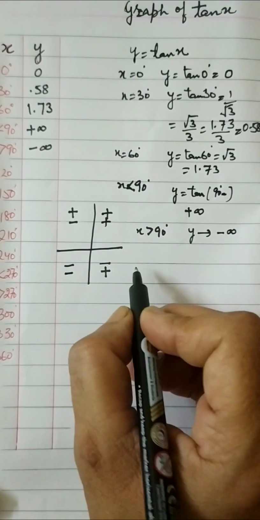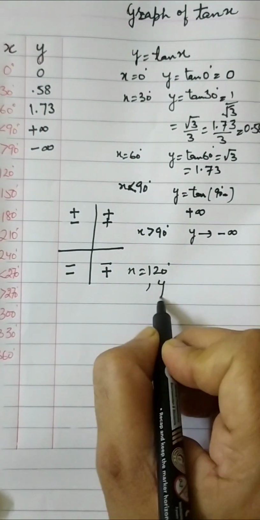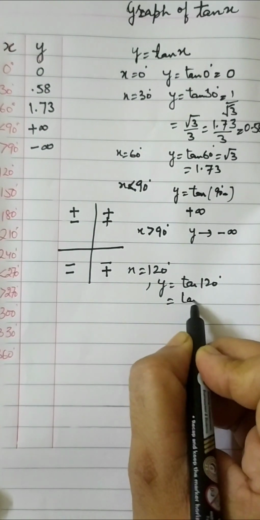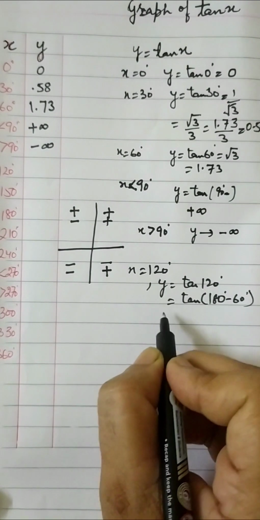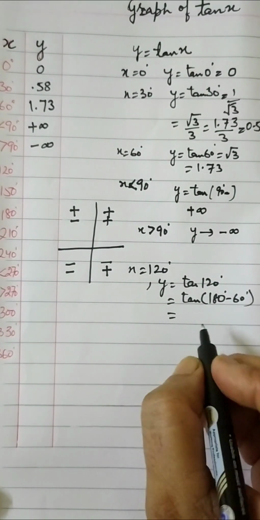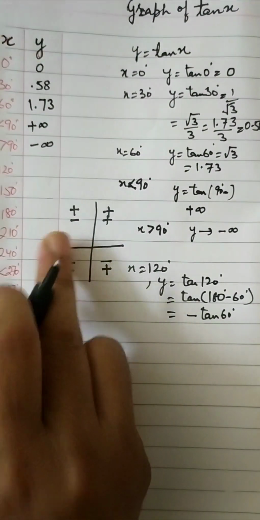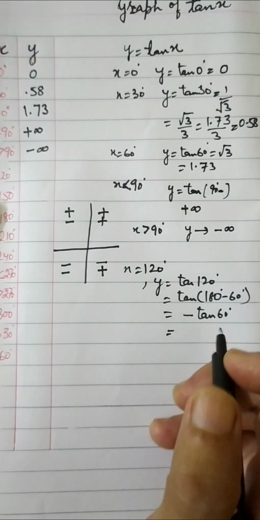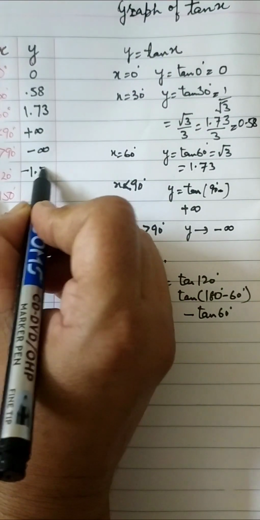Then when x is 120 degree, my y is tan 120, and this I can write as tan of 180 minus 60 degree, and this is minus tan 60. It is in the second quadrant. So tan 60 we know is 1.73, therefore it is minus 1.73.